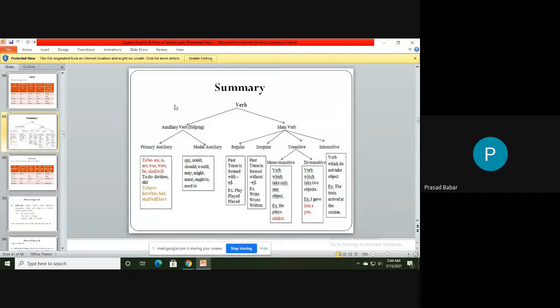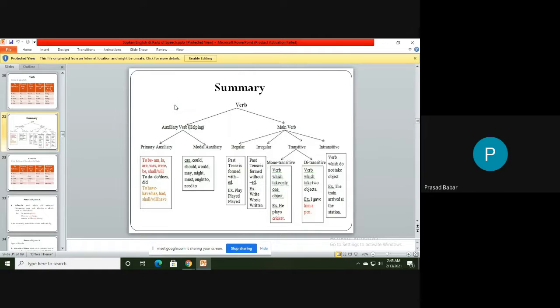In the regular form, past tense is formed with the addition of the ed suffix to the verb, and the examples are play, played, played. In the irregular verbs, past tense is formed without ed.